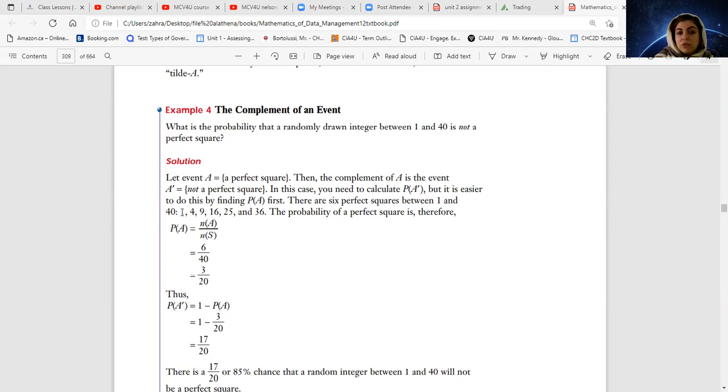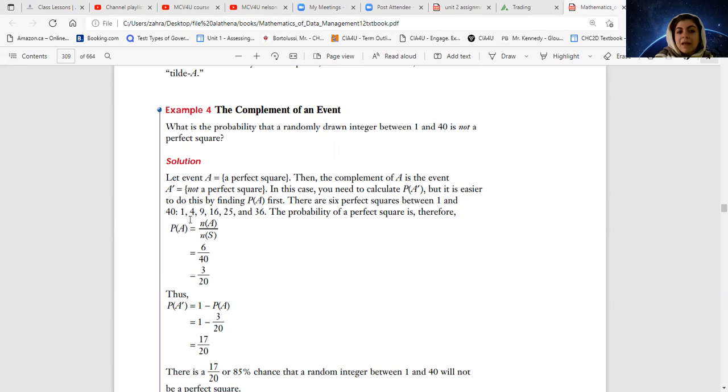So I know 1 power 2 is 1, 2 power 2 is 4, 3 power 2 is 9, 4 power 2 is 16, 5 power 2 is 25, 6 power 2 is 36, 7 power 2 is 49. 49 is going to exceed 40, so just stop there. But these are the numbers that are less than 40, right? And are perfect squares.